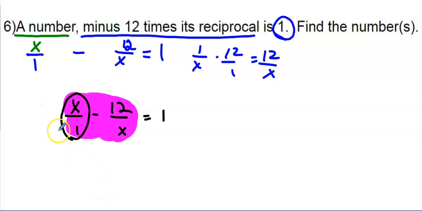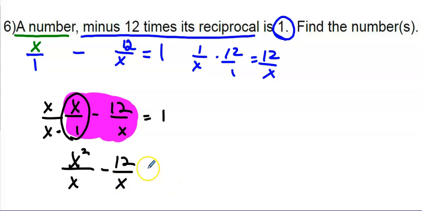So to get X over here, I have to multiply times X over X. What that gives me on this left side is X squared over X minus 12 over X equals, let's just change this to the same thing, because that's really the only way we're going to be able to solve this.